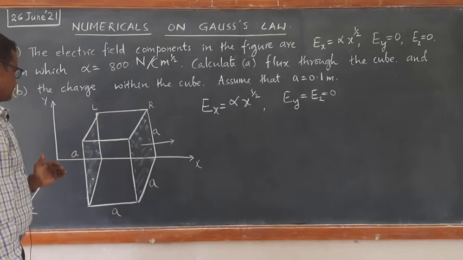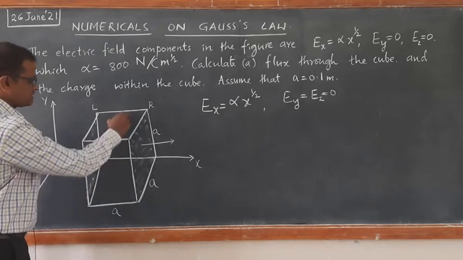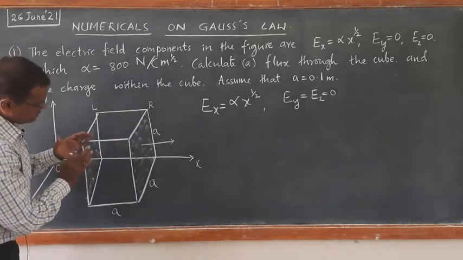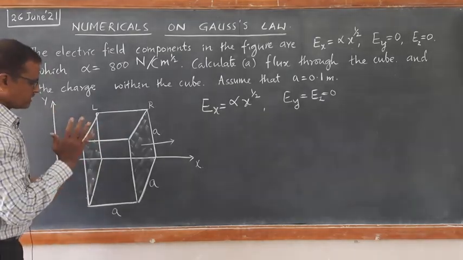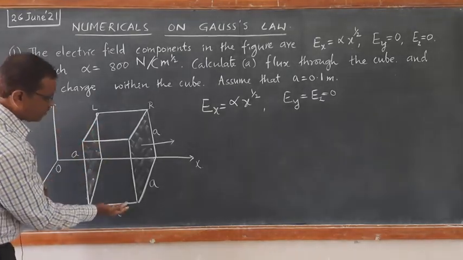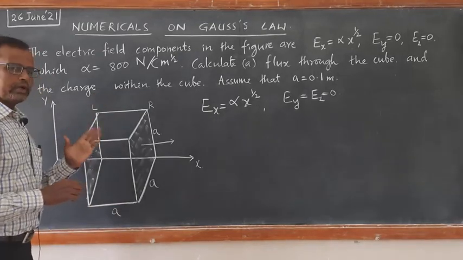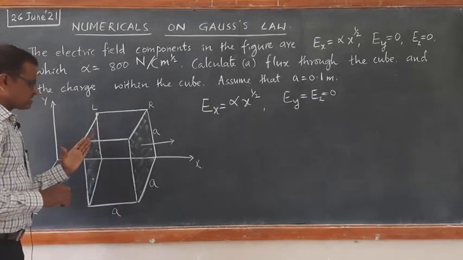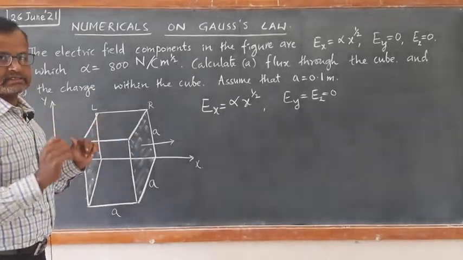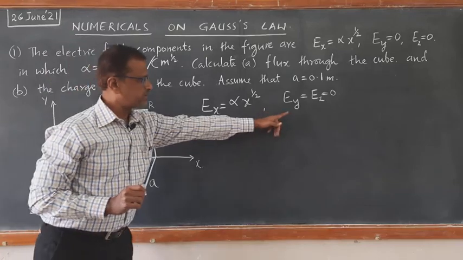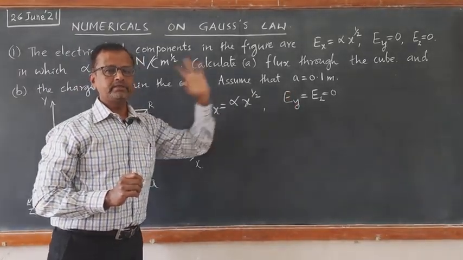Similarly, there is no flux linking with the xy plane also. No flux is linking with the front and back faces, and no flux links with the bottom and top faces. The flux links only with the left face and right face, which are perpendicular to the x-axis, because of the given condition Ey, Ez being 0.